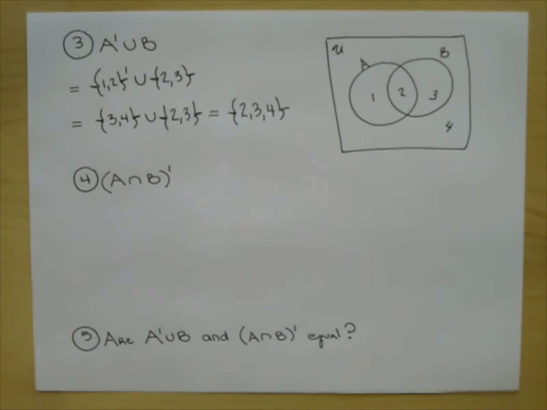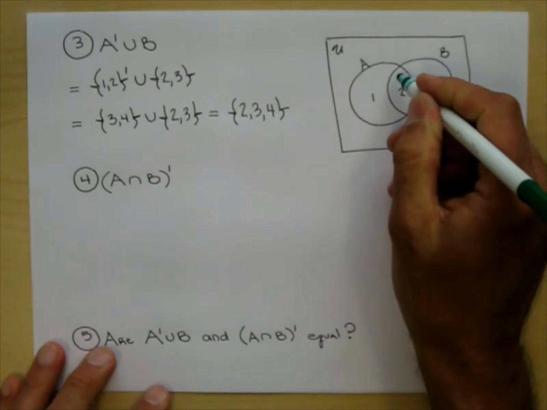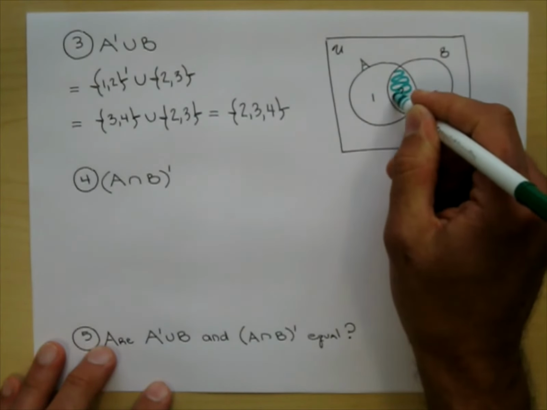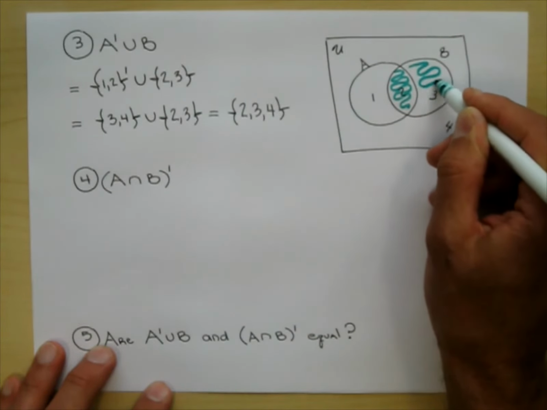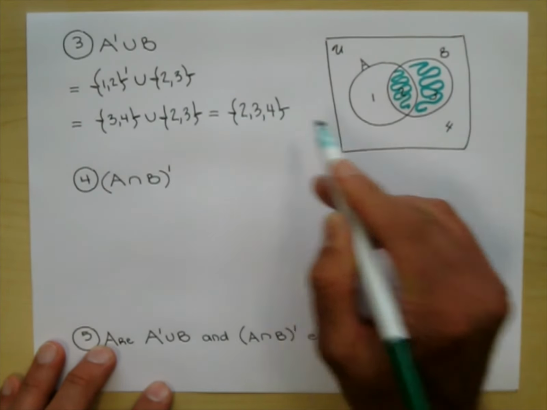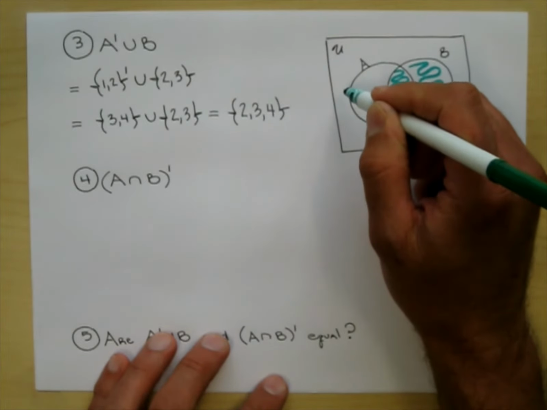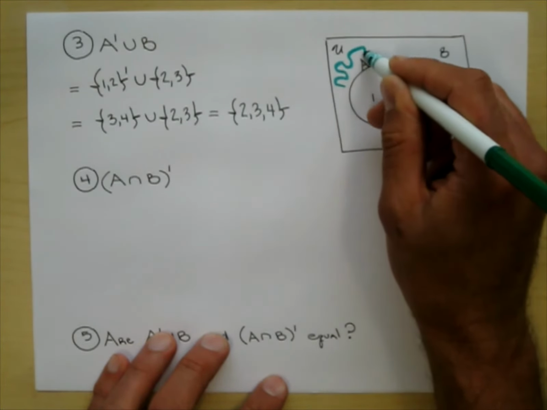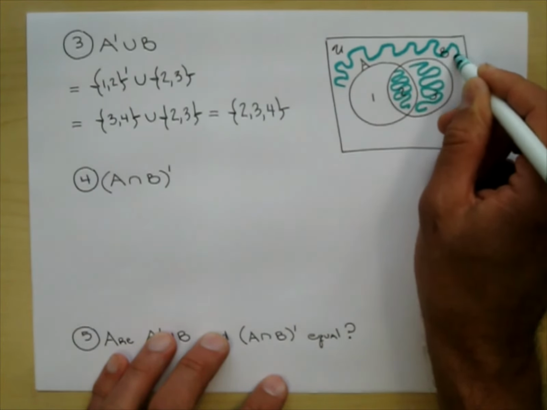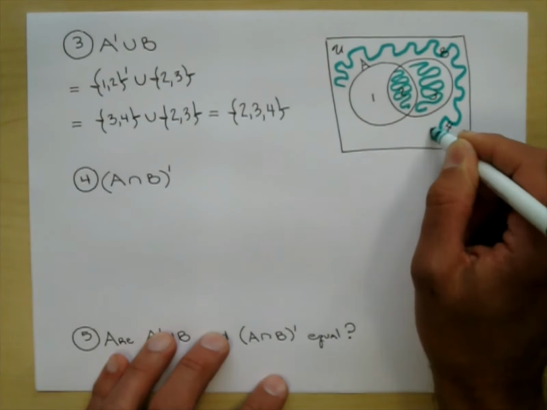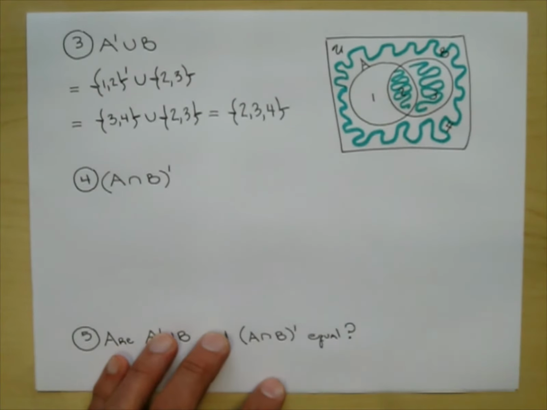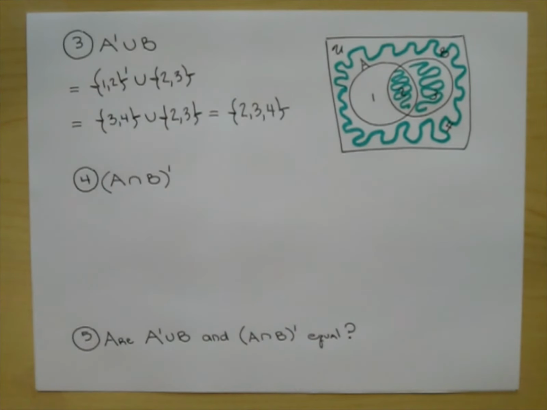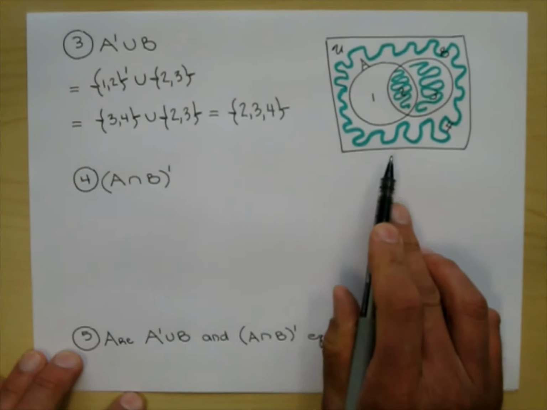I'm going to color 2, 3, and 4, which is the outside. I was never a very good colorer when I was in grade school. There it is. That's the answer.